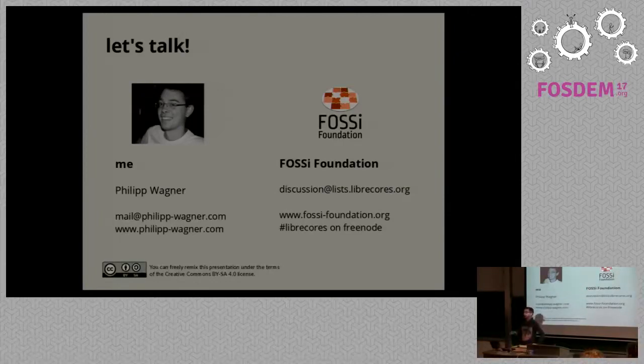I've been talking to many people, and we at the FOSSi Foundation, which actually runs LibreCores, have been in contact with many people, and we're trying to figure this out. So if you already have an idea in this direction, come talk to me. Essentially, GPLv3 was written with hardware kind of in mind, but it's not clear if what they intended is actually working out.